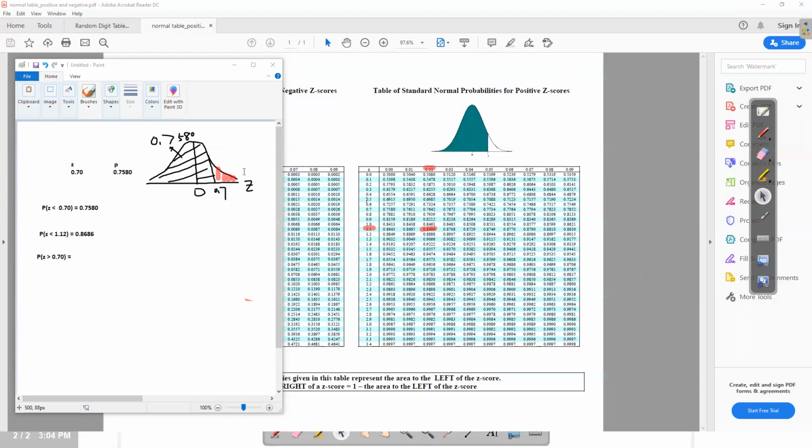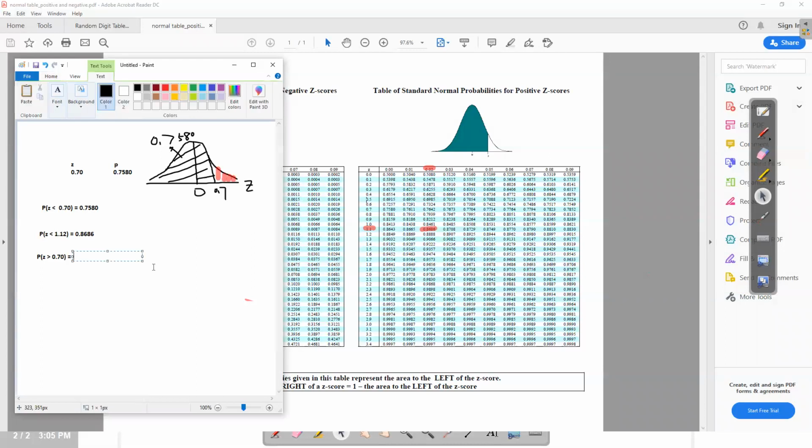Some of you already figured it out, I think. The total distribution has probability of 1. The total probability of any distribution has to equal 1. If to the left is this much, to the right has to be 1 minus that much, because the total adds up to 1. Here you can use the complement rule, what we learned in chapter 10.